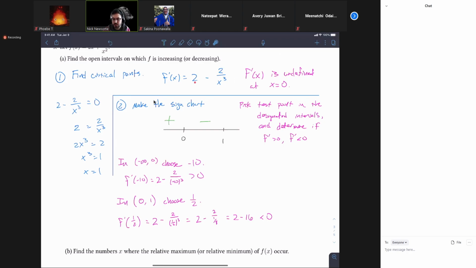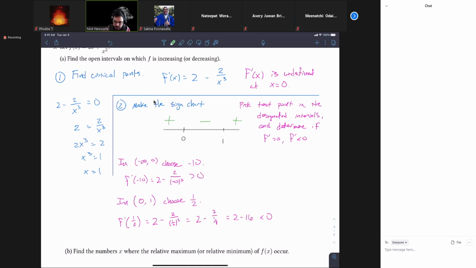And if I take 2 and subtract off something less than 1, I'm going to have something positive. So that one I'm not going to write down, but we're going to be positive there. All of that together gives me exactly where my intervals are for increasing and decreasing. A positive means we're increasing, a negative means we're decreasing.